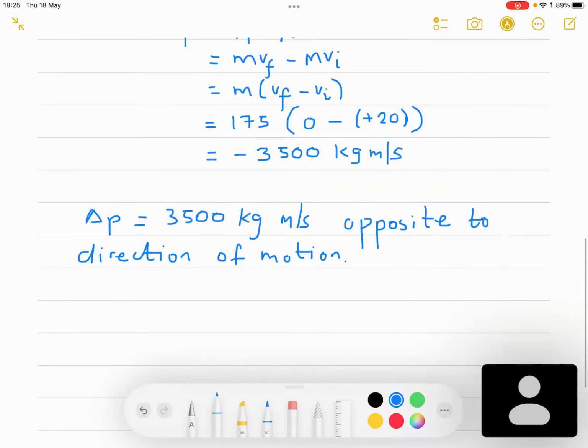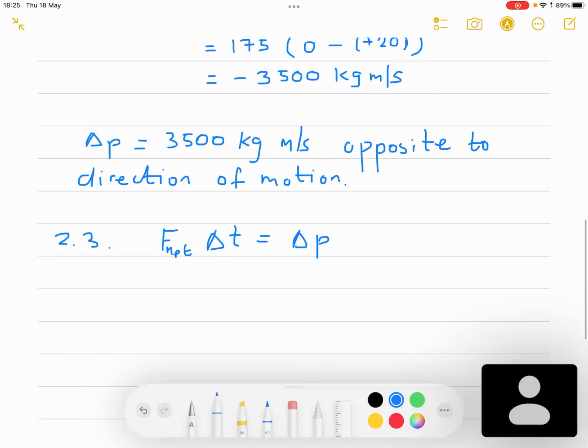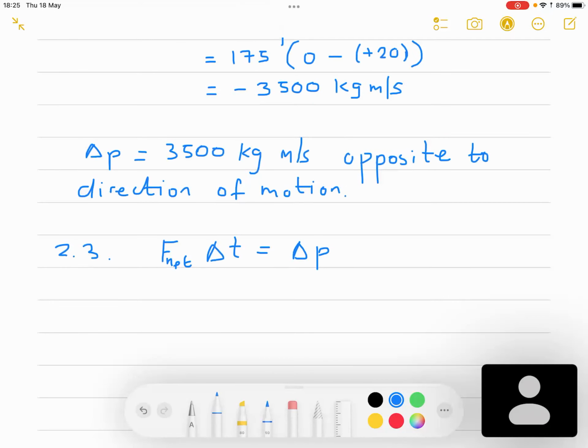So similar to the example we did before this, we know that the net force multiplied by delta T is equal to the change in momentum.